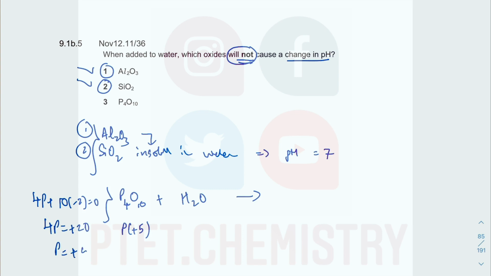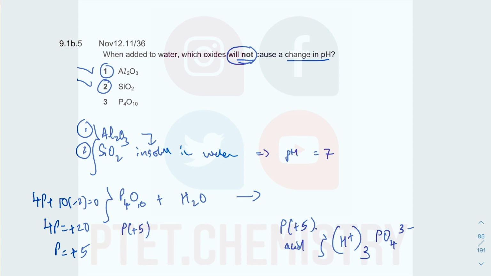Each phosphorus is plus 5. You are going to form an acid which has phosphorus plus 5. You are going to have H plus, and you have to form H3PO4 3 minus, because the lowest common multiple between 1 and 3 is 3. So you need 3 of these to balance out the charge.